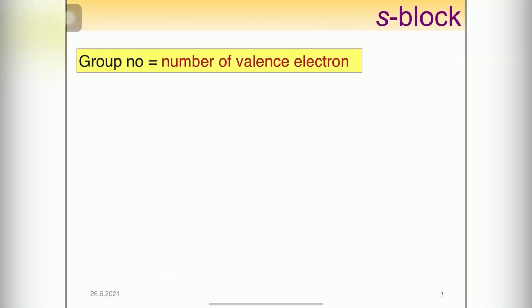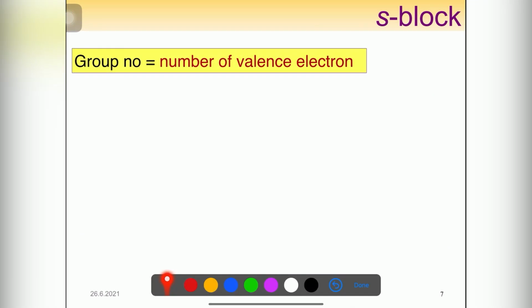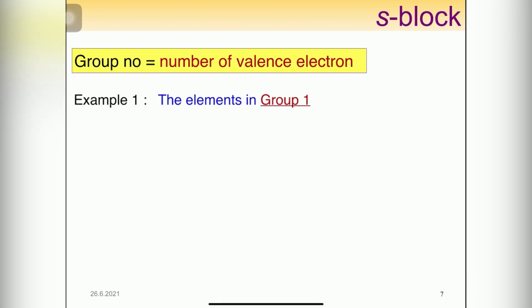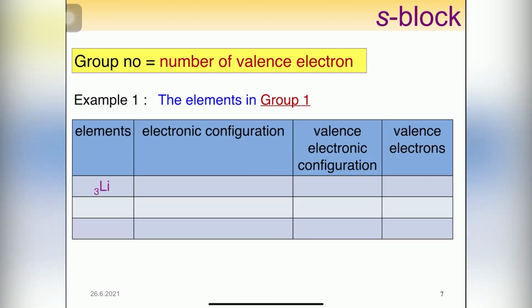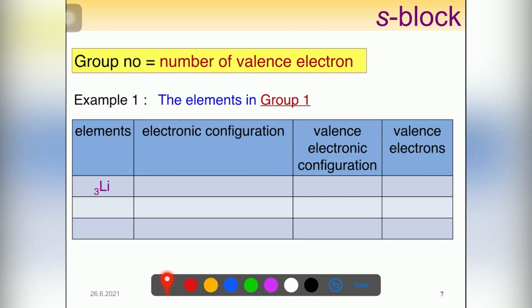Okay, let's see the s block. For the s block, the group number equals the number of valence electrons. For example, elements in group 1. Let's say lithium, with proton number 3. From the proton number, you will know the number of electrons, and from that, you can know the electronic configuration: 1s2, 2s1.